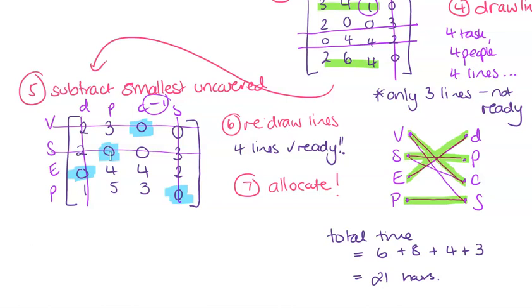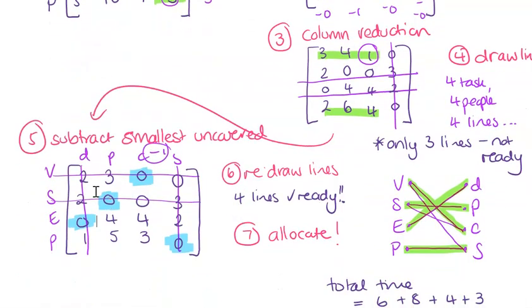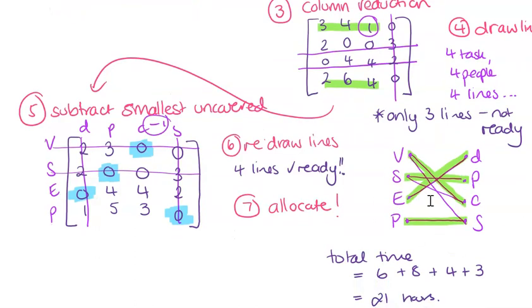This method still does require you to go back to your original cost matrix and identify the original times, but it's just a different way of allocating from the diagram into the matrix form. So use whichever version you would prefer to use. I think most of us find it easier to draw out that diagram and be able to visualize, especially when you're doing it with elimination, to see what the final answer is.